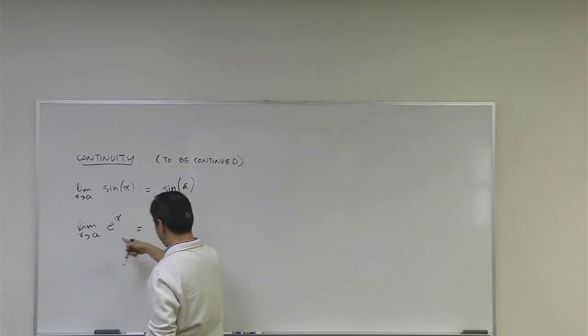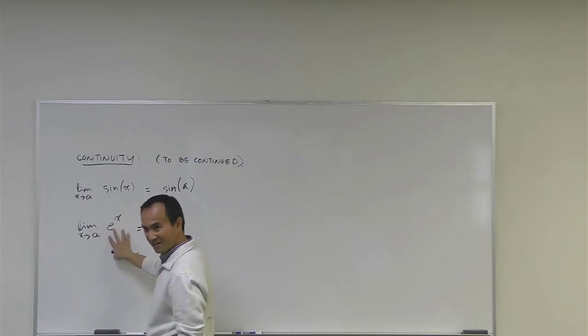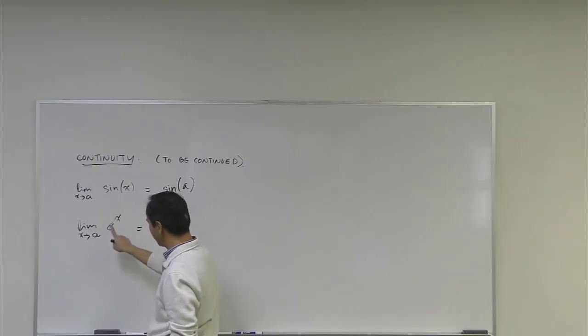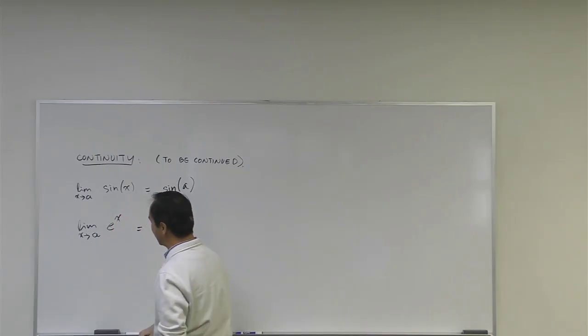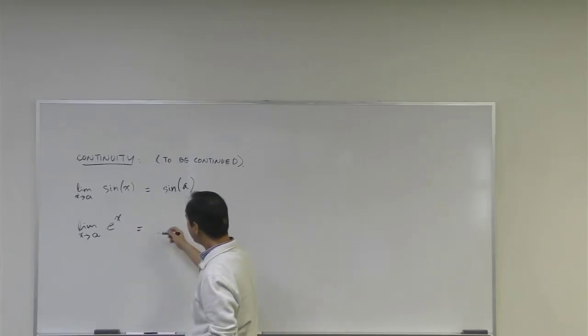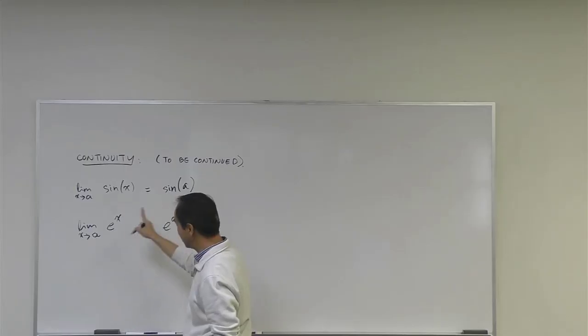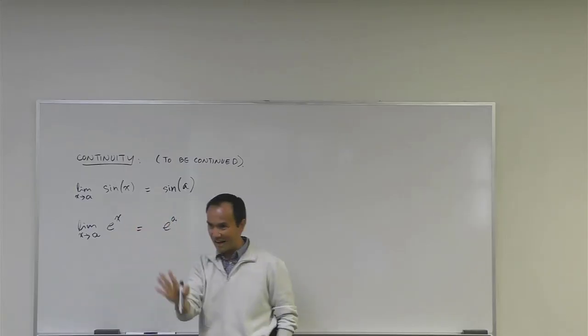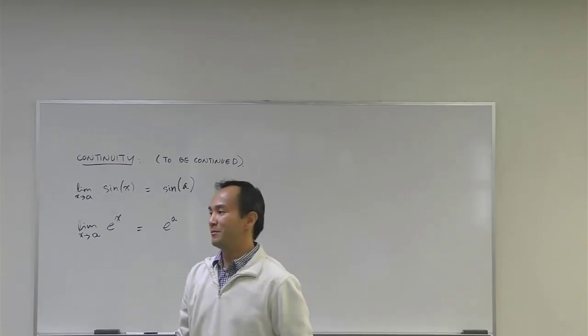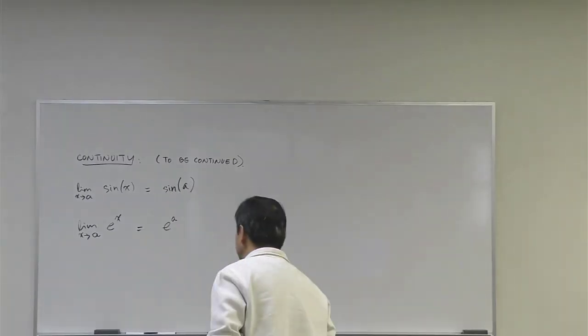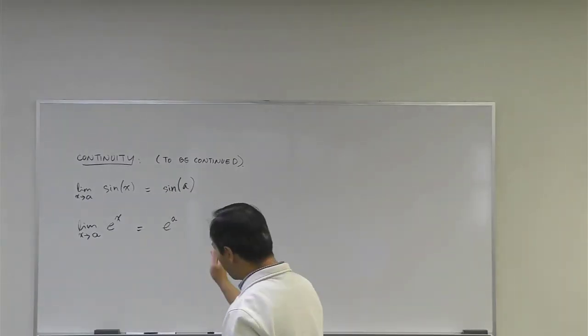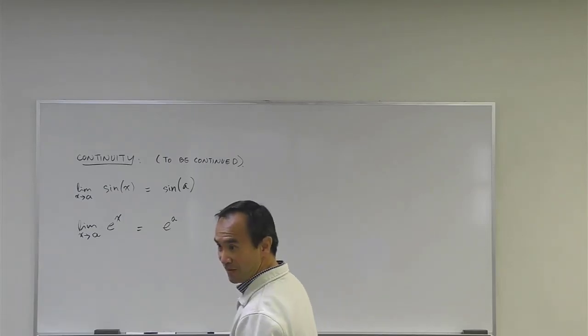Once again, I know it was pre-proven that the exponential e to the x is continuous. So we can just do e to the a, substituting the limit point. So now we're officially allowed to substitute because a lot of these functions we're looking at are continuous. See what I'm saying? No?